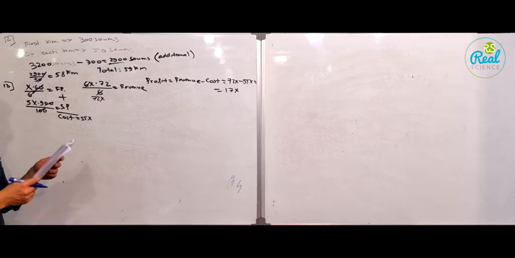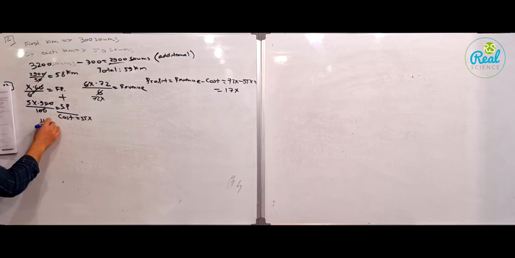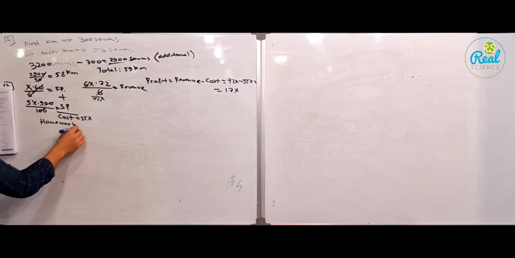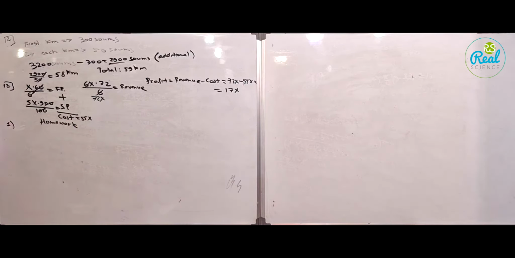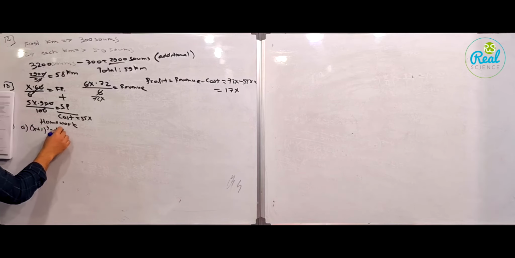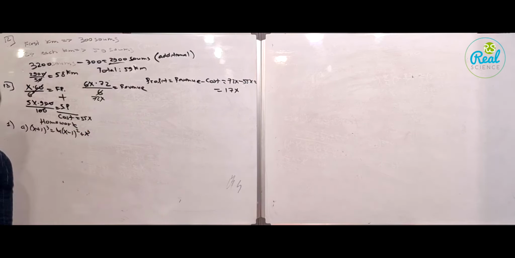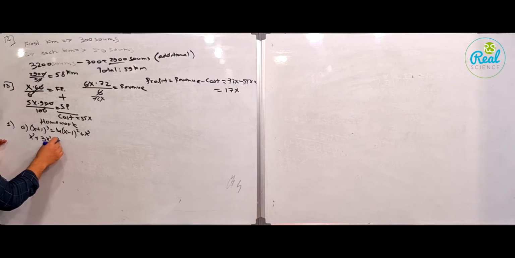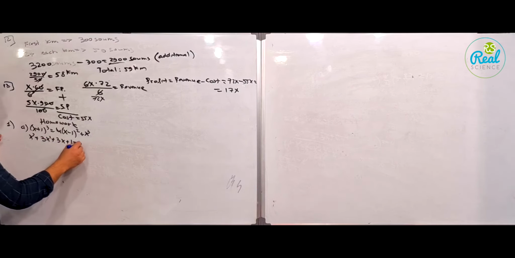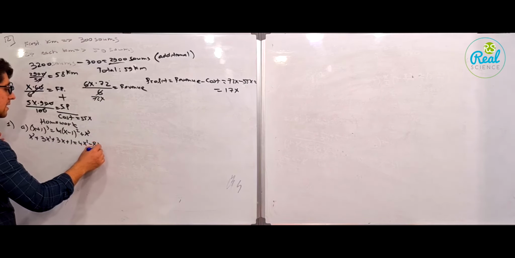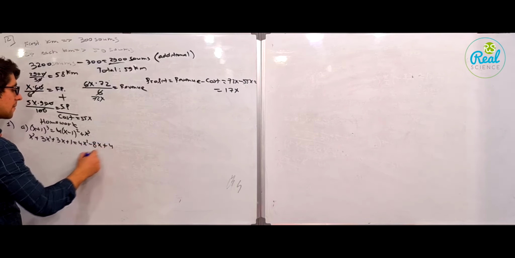So let's turn to homework. First one: what are the degrees of the following equations? Let's look at A: (x plus 1) cubed equals 4(x minus 1) squared plus x cubed. Before deciding the degree, let's check whether there could be any cancellations. x cubed plus 3x squared plus 3x plus 1 equals 4x squared minus 8x plus 4 plus x cubed.